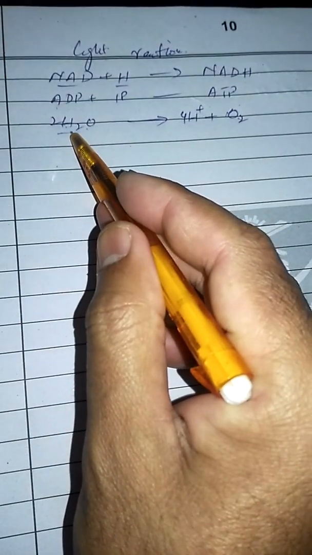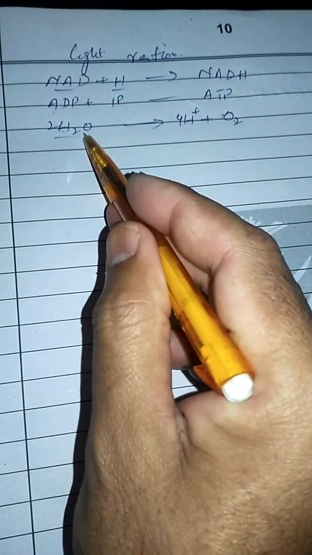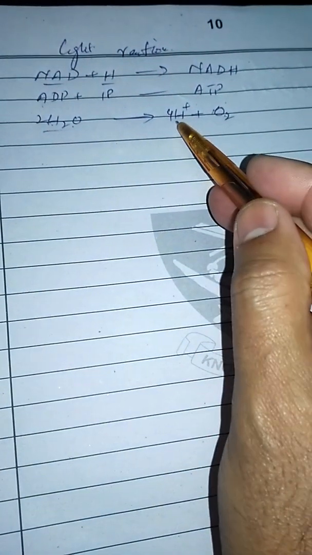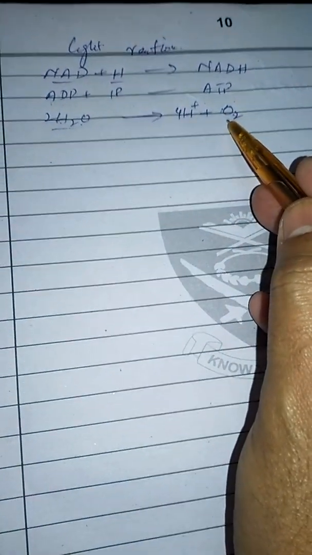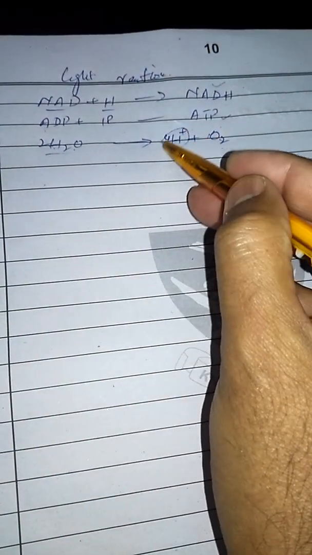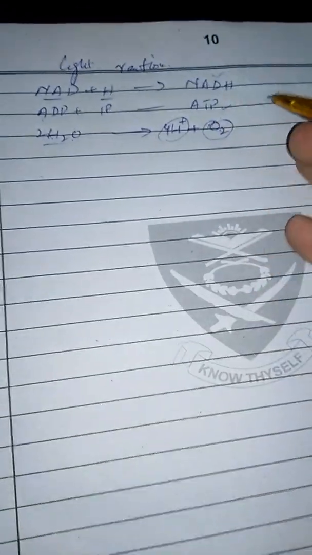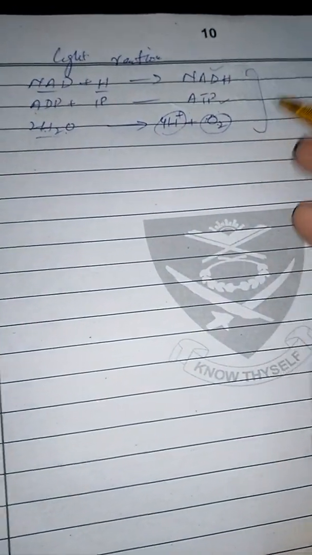The water is absorbed from the cells through the root hairs, and it dissociates into hydrogen ions and O2. So students, these are the products: this NADPH, this ATP, and these hydrogen ions and oxygen. These are the products of the light reaction, and this is the end of the light reaction.